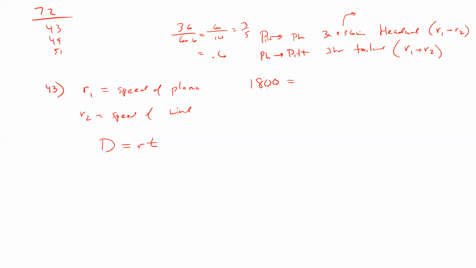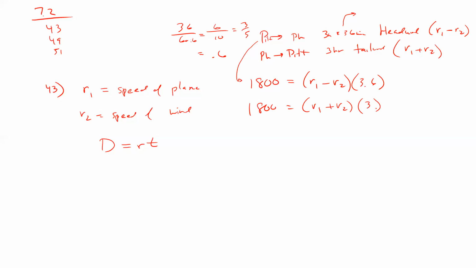Okay, so I think we got it here. Pittsburgh to Phoenix, the rate at which we're flying is R1 minus R2, and the time it took to get there was 3.6. The return flight is R1 plus R2, and now it's taking exactly 3 hours.